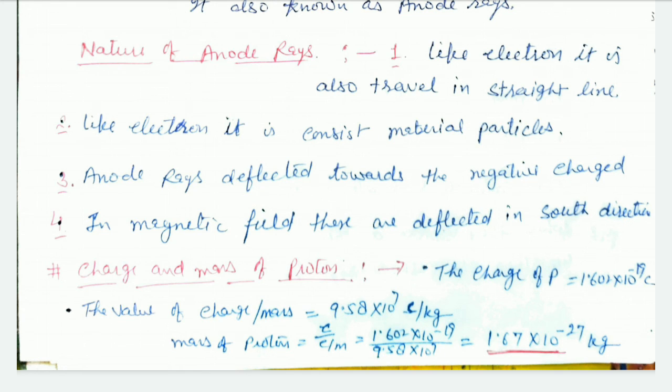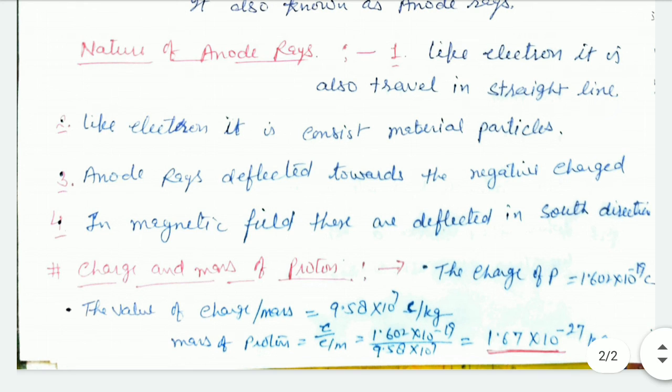And also we can calculate the charge and mass of the proton. The charge of the proton is 1.6 into 10 to the power minus 19 coulomb, and the value of charge upon mass is 9.58 into 10 to the power 7 coulomb per kg. Mass of proton is calculated from charge upon mass.